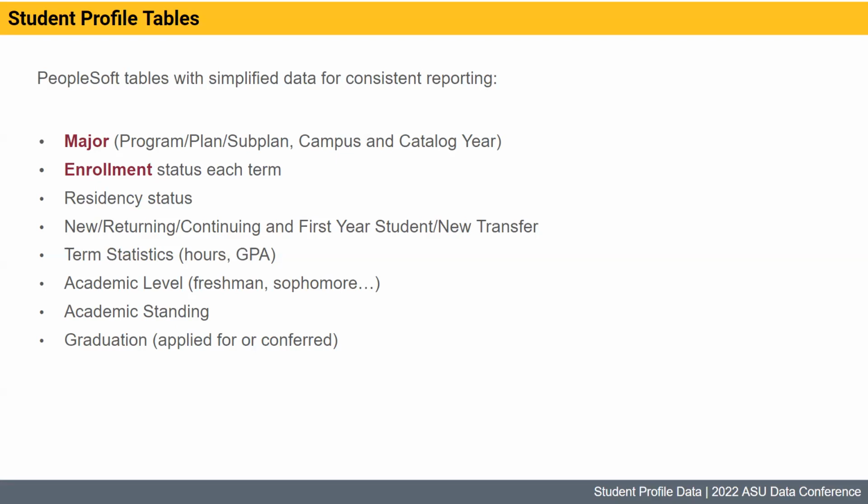So the logic that we decided to use, we worked with the registrar's office, provost, at the time they were called UTO, but now you're ET, and also the Office of Institutional Analysis to define the logic and what we would use these fields for. And we put them all in student profile.